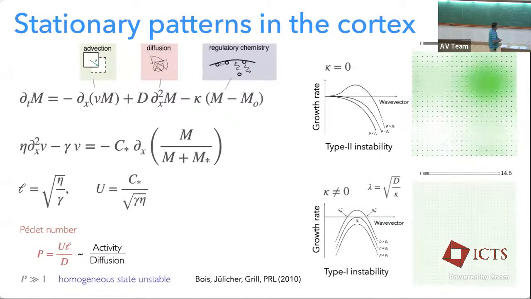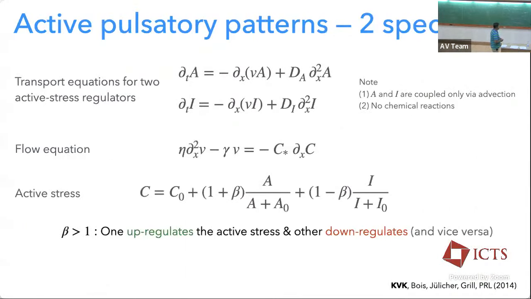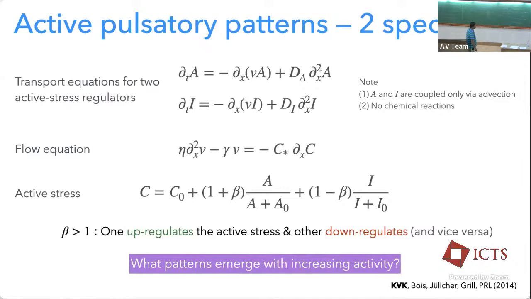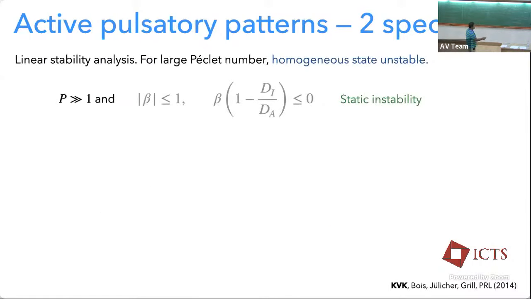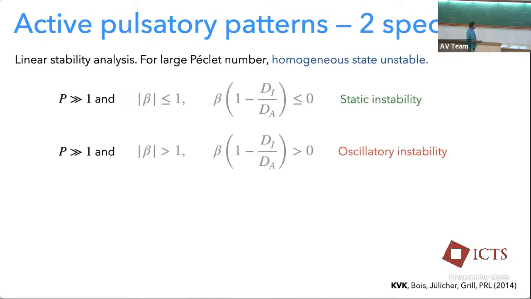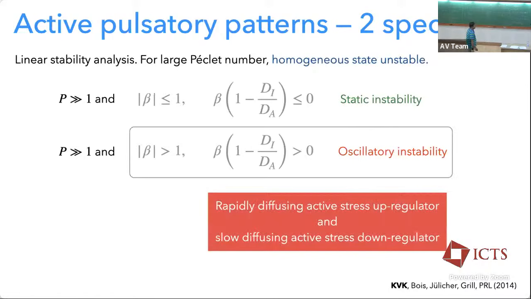They can be different only in the sense of having different diffusion constants, but that doesn't make any qualitative change. So you undergo a stationary instability. So the criterion is that if mod beta is less than or equal to 1, you get this; beta equal to 0 is one special case. If mod beta is greater than 1, positive or negative, then you get this oscillating instability.